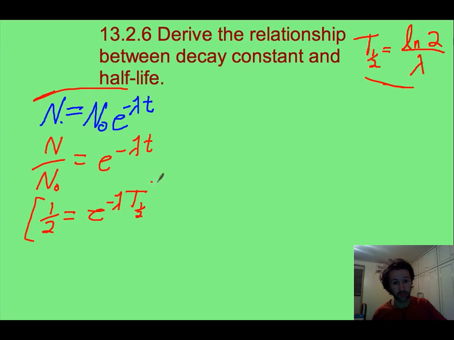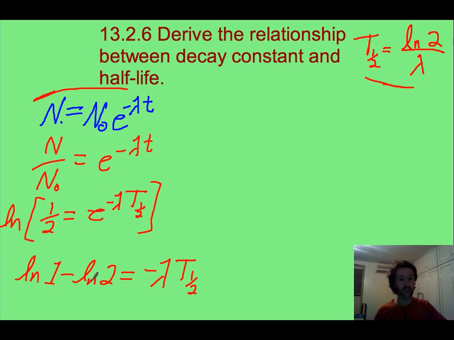Now, you have to be pretty clever to figure this out. You take the ln of both sides, that crazy natural log, and then you do some magical math that hopefully you learned sometime in life and thought would never be useful. It's useful now. You take the ln of the e side. I don't know how it works, but it does. You end up getting rid of your e, and you get this.